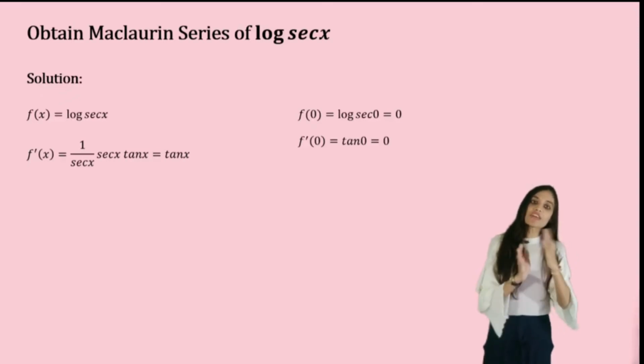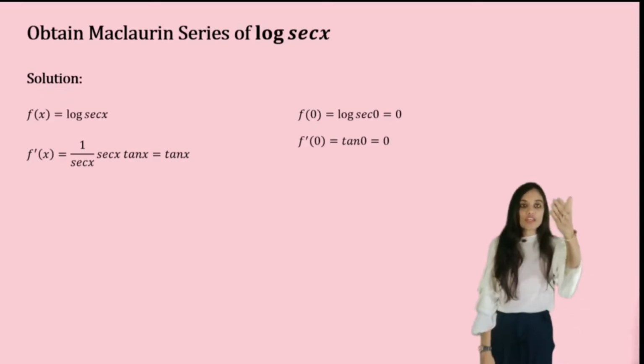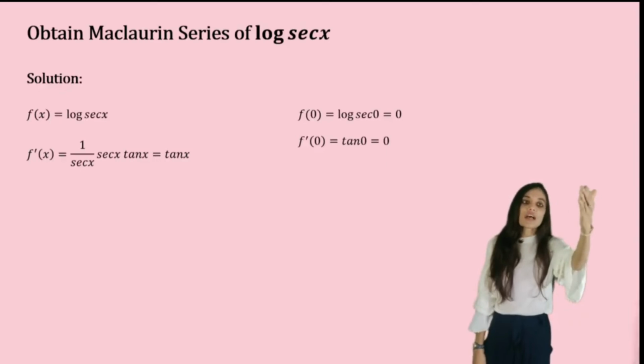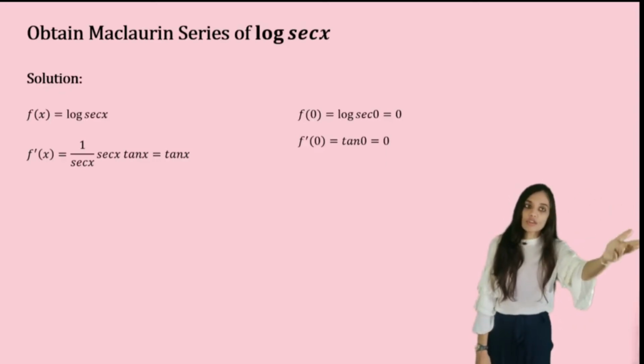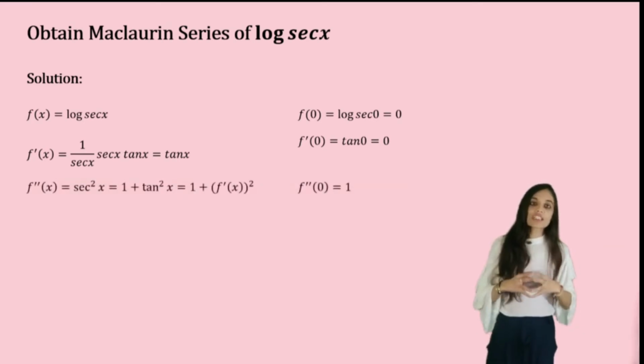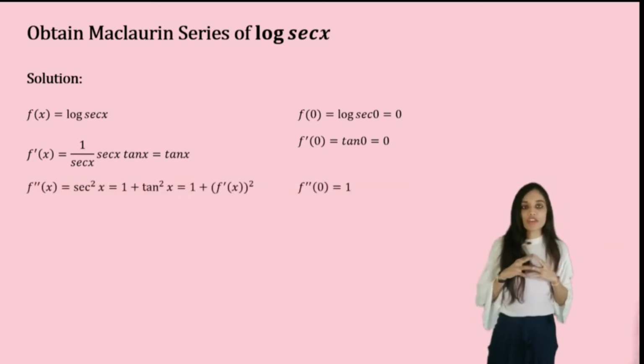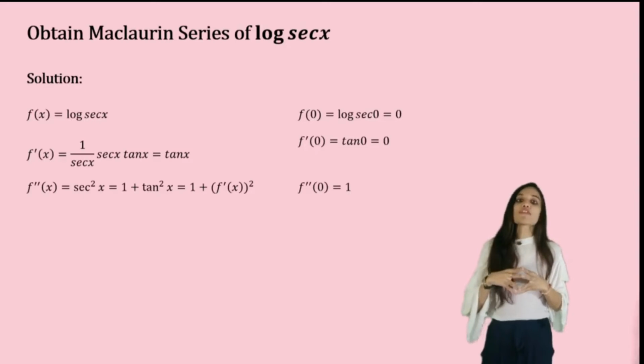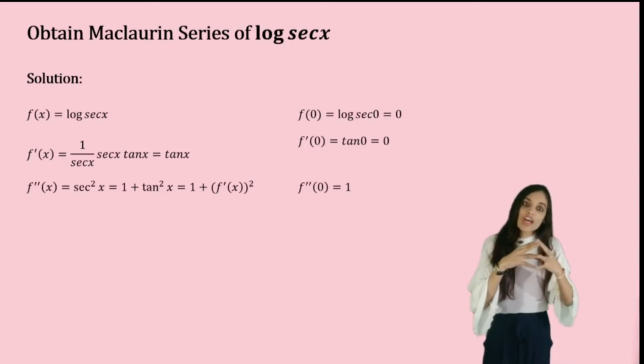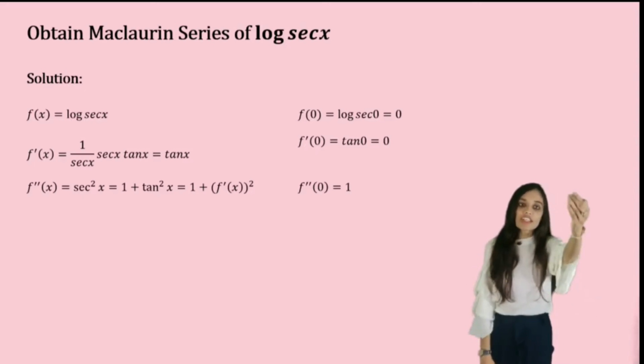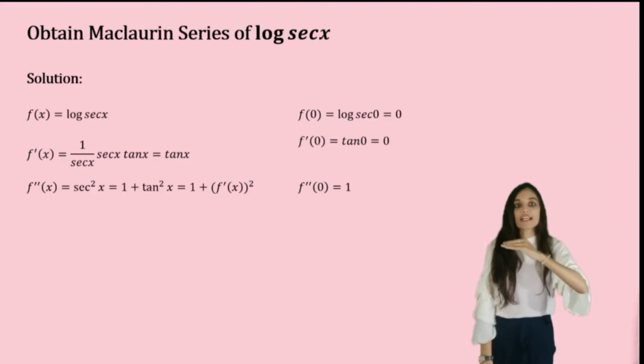And simultaneously we will put the value of x. So firstly our f of 0 is log sec 0, that is 0. Next, f dash of 0 will be 0. So we are done with f of x and f dash of x. Now we will find f double dash of x. The derivative of tan x will be sec square x.